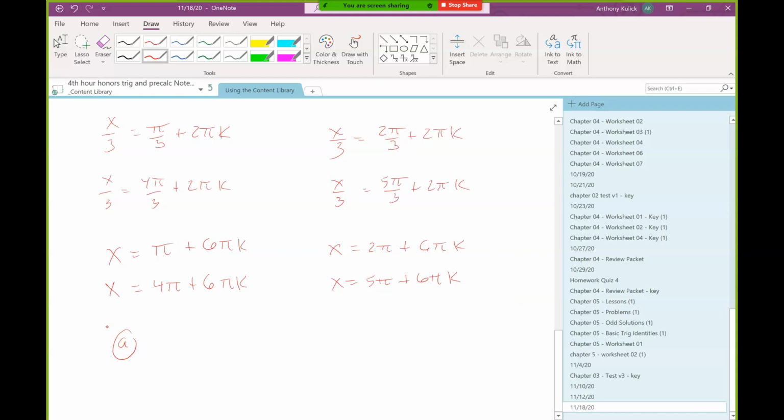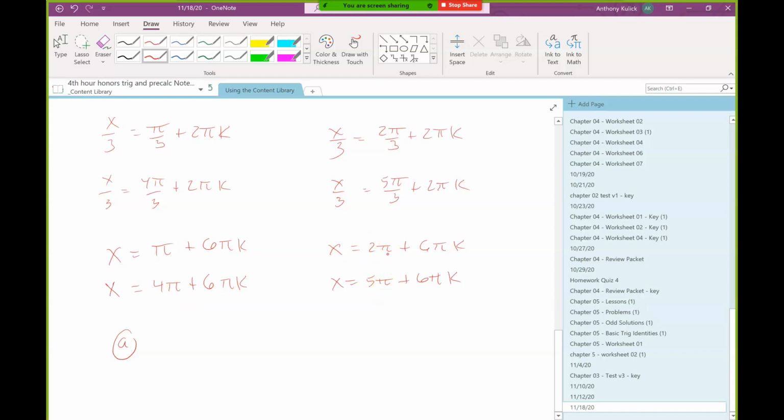And now I'm finally ready to answer part A. So the only way that I'm going to get a positive number is if k is non-negative, since 6 pi is bigger than 1 pi, 4 pi, 2 pi, or 5 pi, right?